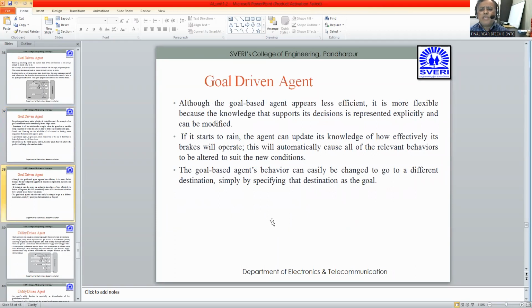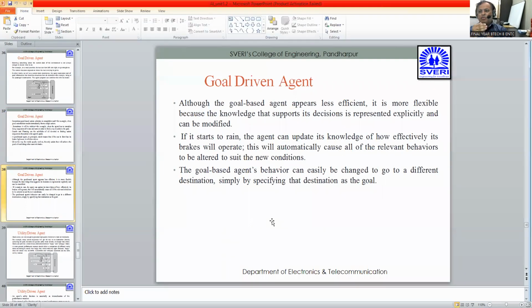Although the goal-based agent appears less efficient, it is more flexible because the knowledge that supports its decisions is represented explicitly and can be modified. So obviously it is a little bit less efficient, but it is flexible because the support to the decision making can be modified, right? A decision was taken, okay, based on that I have taken this action.